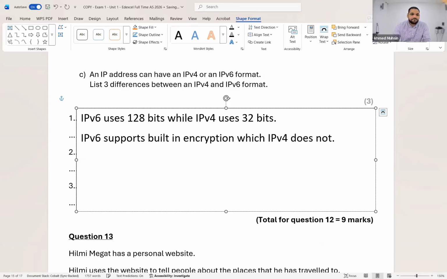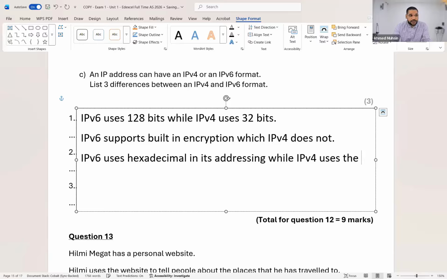Something else? IP version 6 uses hexadecimal in its addressing, while IP version 4 uses the decimal or denary number system.